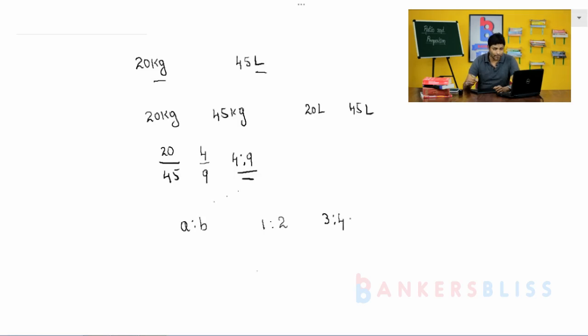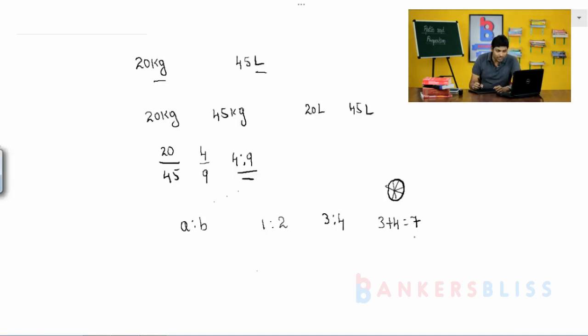For example, if you have a cake, the cake is divided into 7 parts. 3 plus 4 is equal to 7.